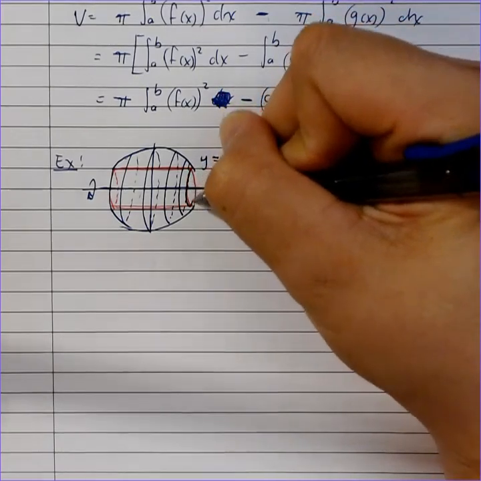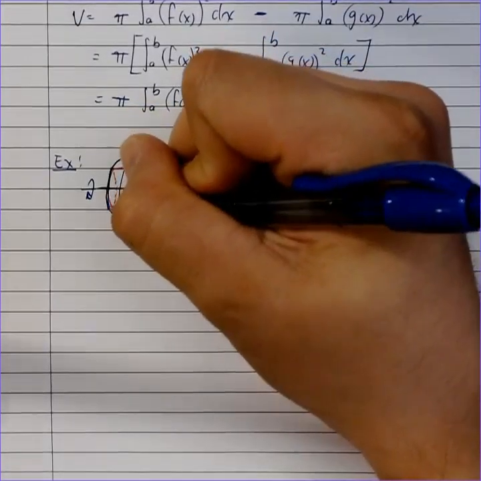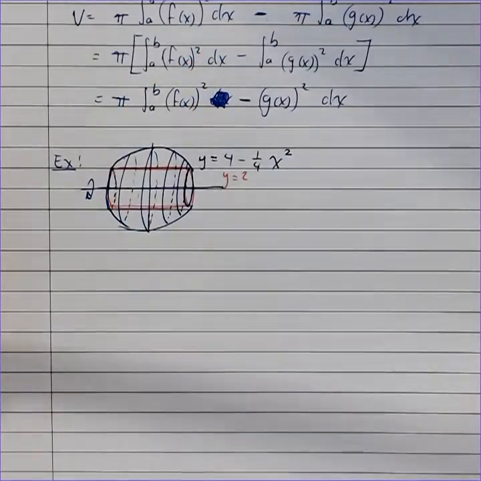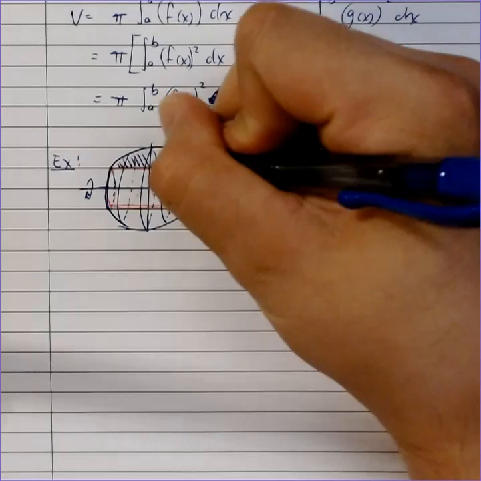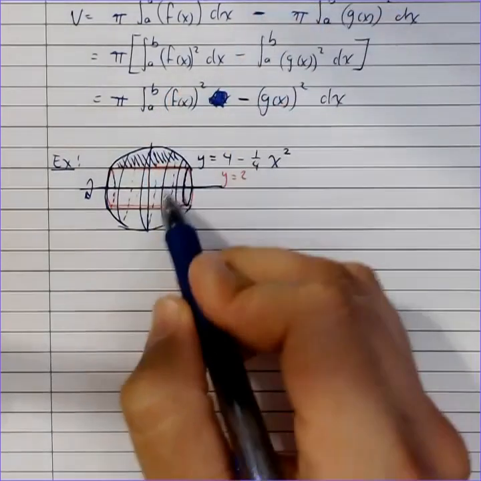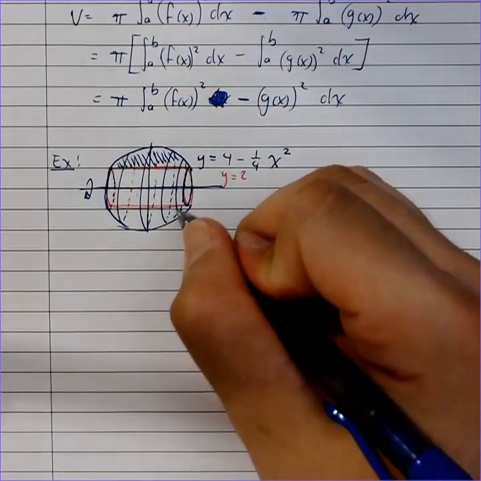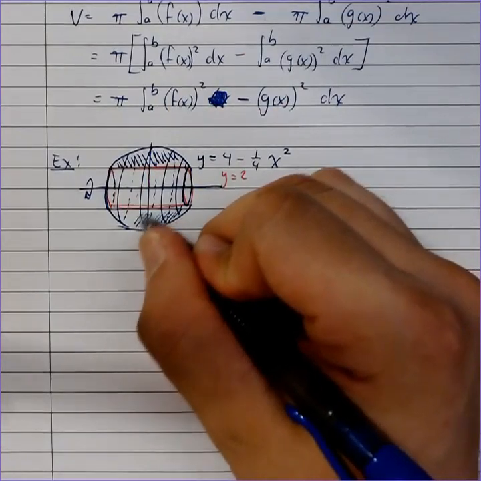Something along those lines. All right. So now we want to find the volume of the solid. Remember, it is missing that hollow core. It looks something like this.